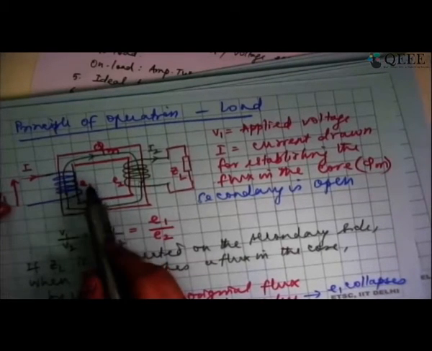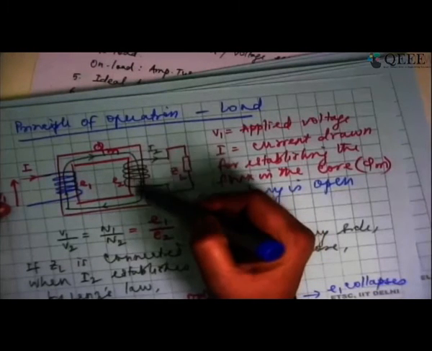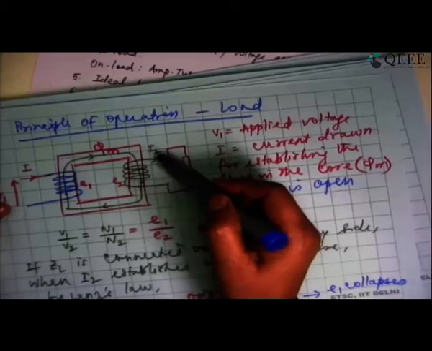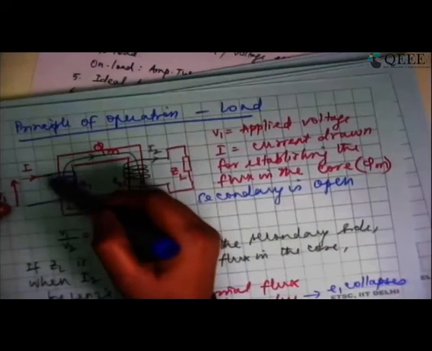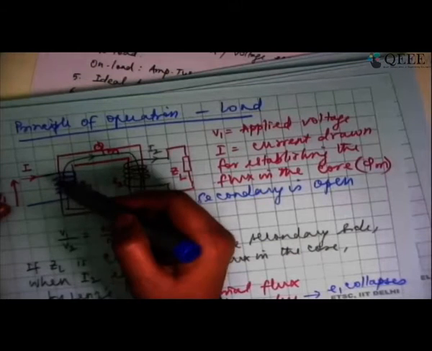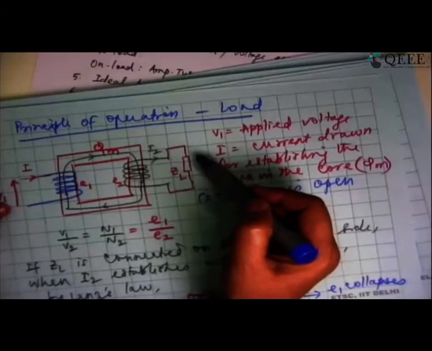If the MMF, or magnetomotive force, created by the secondary winding is I2 multiplied by N2, the current drawn from the primary side will be such that I1 N1 is approximately equal to I2 N2.